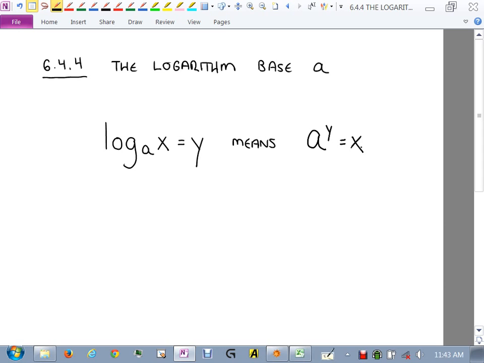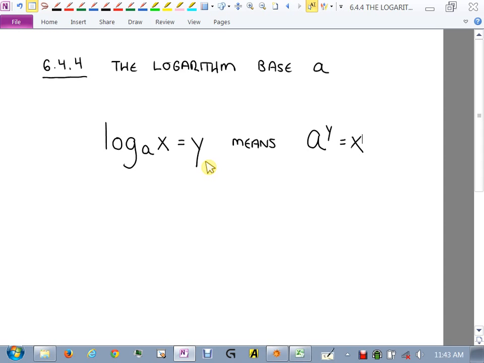That's the definition of a logarithm. That's basically what I just told you, but I'm writing it down in a more general form. If you start with this, you turn it into this. If you start here, you do the loop, you get to this.